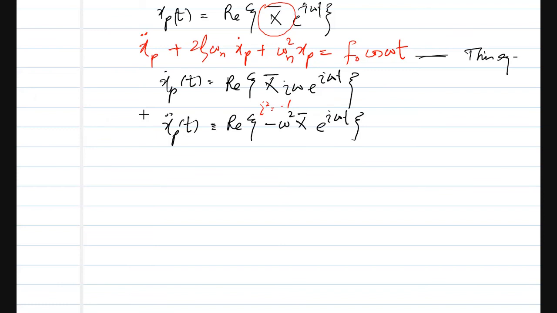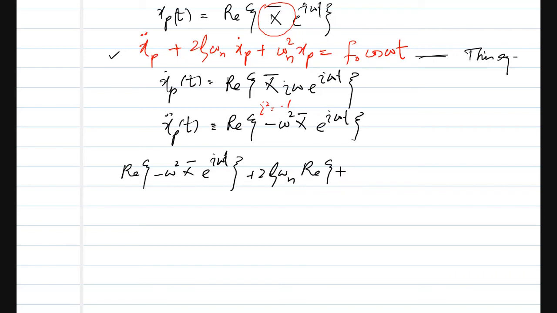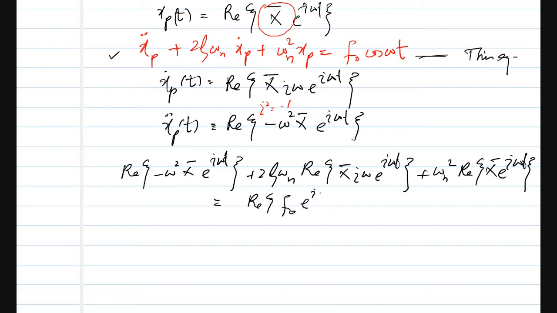If you put both these x dot p and x double dot p in this equation, what you get is the real part of minus omega square x bar e iota omega t plus 2 zeta omega n into real part of x bar iota omega e iota omega t plus omega n square real part of x bar e iota omega t is equal to real part of f naught e iota omega t.